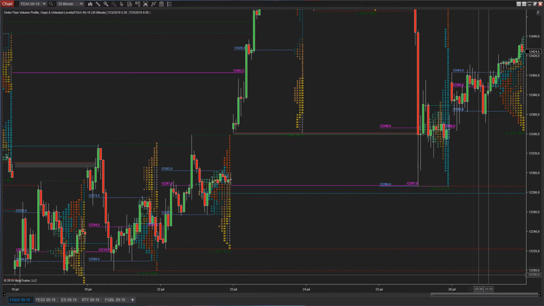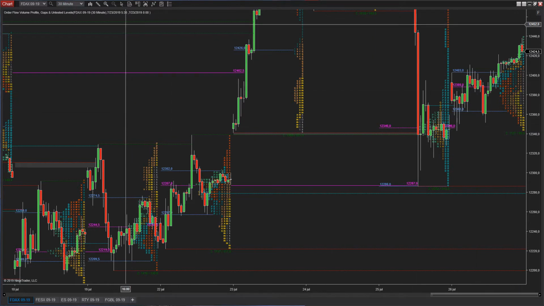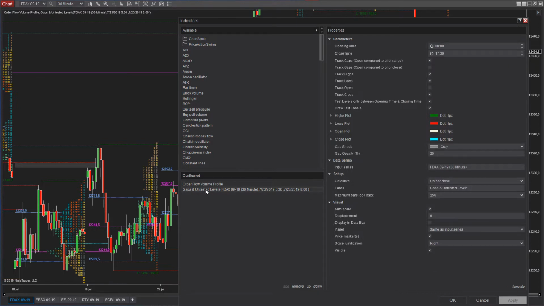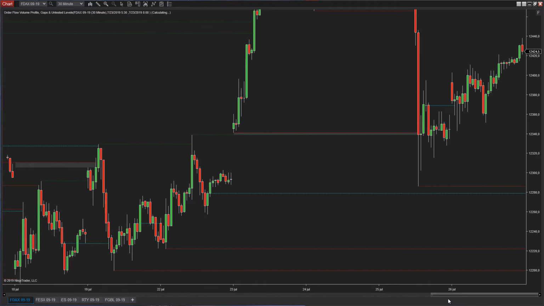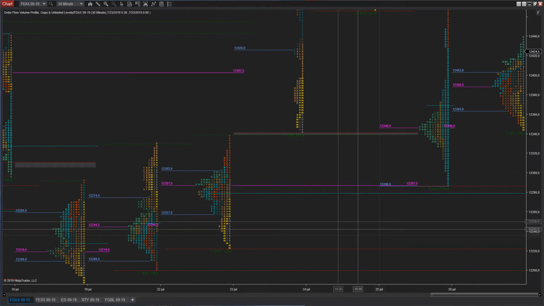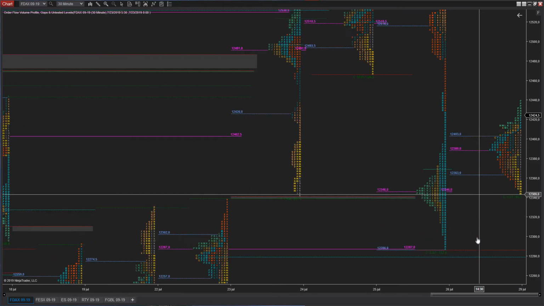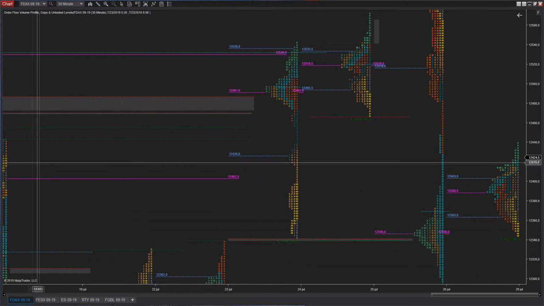The other point is the weak low here, for example. Why I like looking at these on the market profile is because it makes it easy to look back in time. When I have a chart like this, I can easily see five, six, seven days.